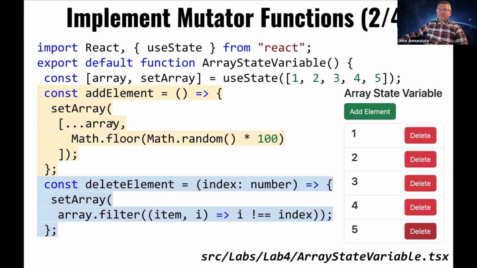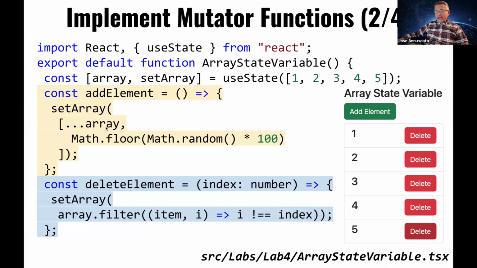Here is just as simple as adding a random number at the end of the array. And how we're doing that, notice we're using the mutator. So somebody's going to call this add element, probably this button here. You're going to call add element, and it's going to set the array to be a new array, a brand new array, right? There it is. So set the array, a brand new array, whose first set of items is going to be a copy of the old array, right?